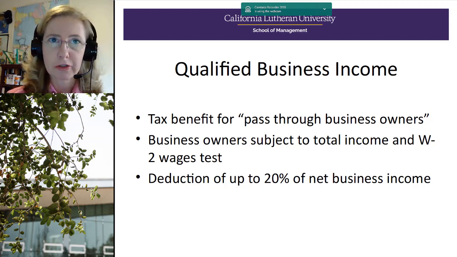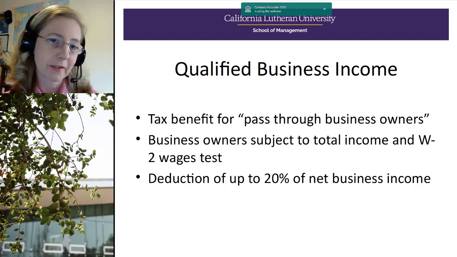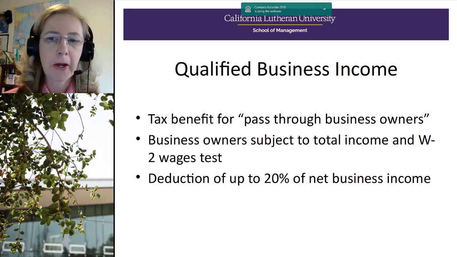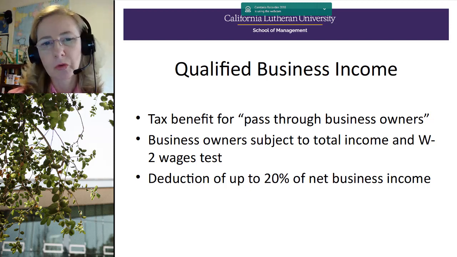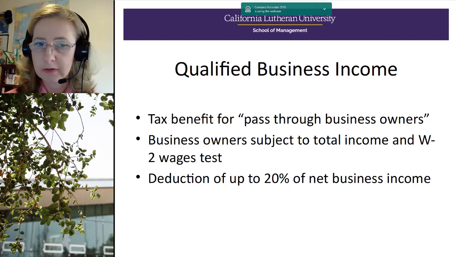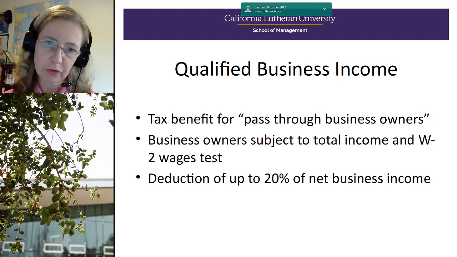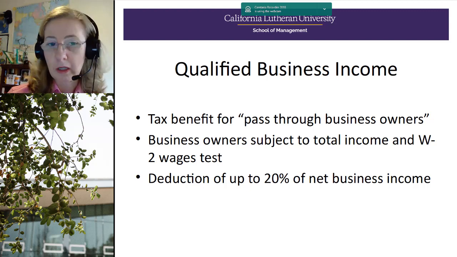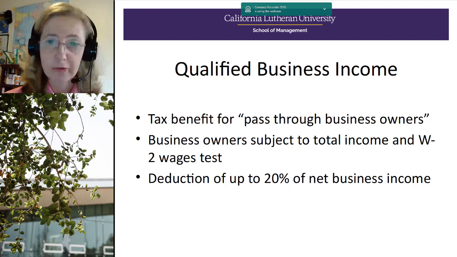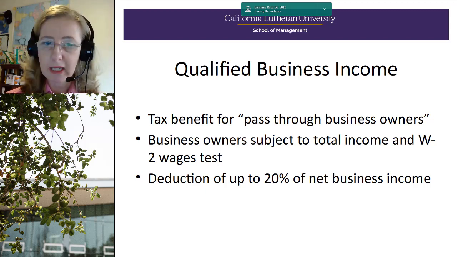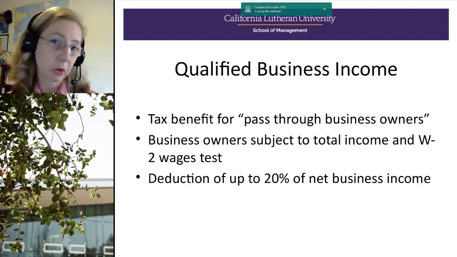So there are certain sets of rules for service businesses and another set of rules for non-service businesses. And then there's a rule for business owners with total income from all sources under a certain amount and over a certain amount. So this is very complex. The law is still evolving around this, but it is an opportunity for business owners to save income taxes in a way that employees cannot.